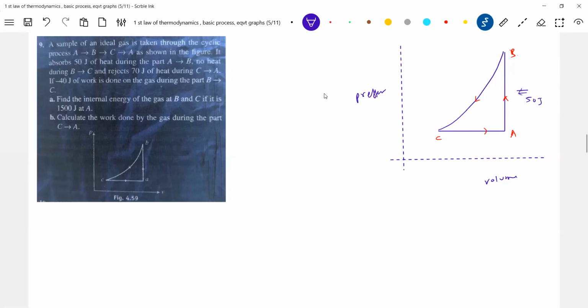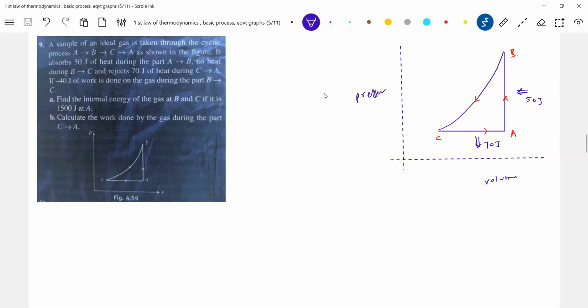Then rejects no heat during BC, no heat here, and 70 joules of heat during CA. No need to draw a diagram also, I'm just trying to explain. Minus 40 joules of work is done on the gas during part BC. Find the internal energy of the gas at B and C if it is 15 joules at A.